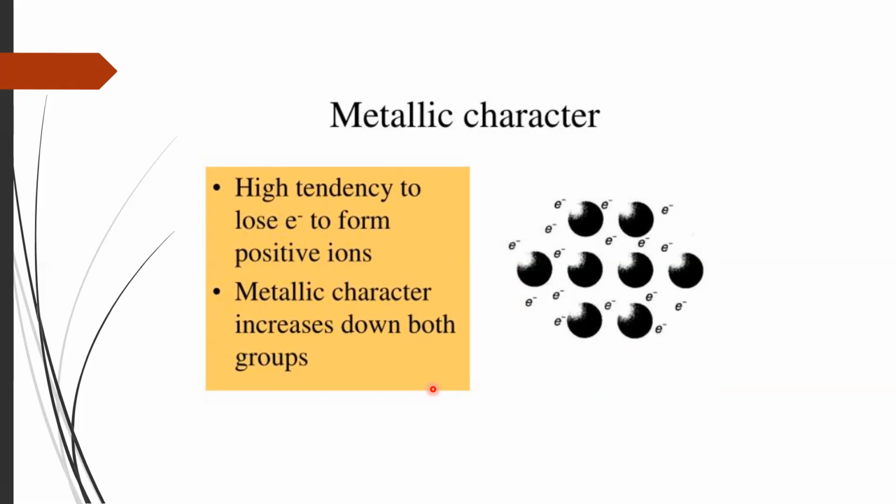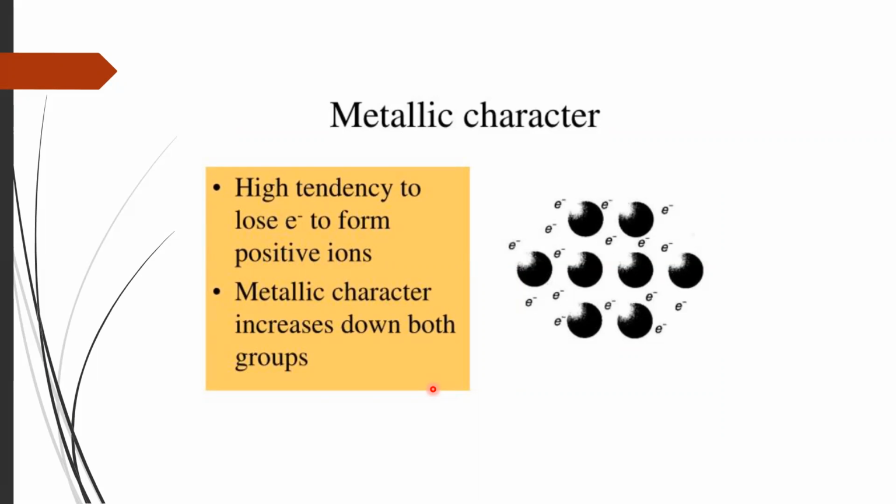Now group 1 elements have a high tendency to lose an electron to form positive ions, as its electronic configuration is ns1. Hence, metallic character increases down the group. Metallic character increases down both groups, meaning for group 1 as well as group 2 elements.